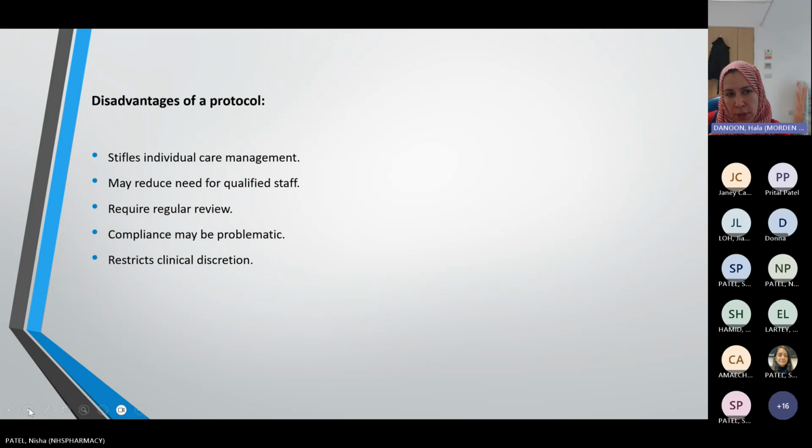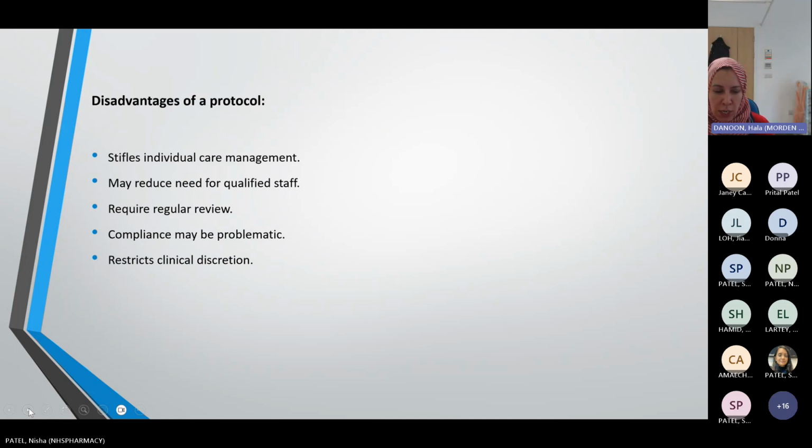What are the disadvantages of a protocol? So sometimes people can find it too rigid and suffocating, and it doesn't match every scenario or every patient care that we need. It also reduces the need for qualified staff, because you will see, okay, I have a protocol.